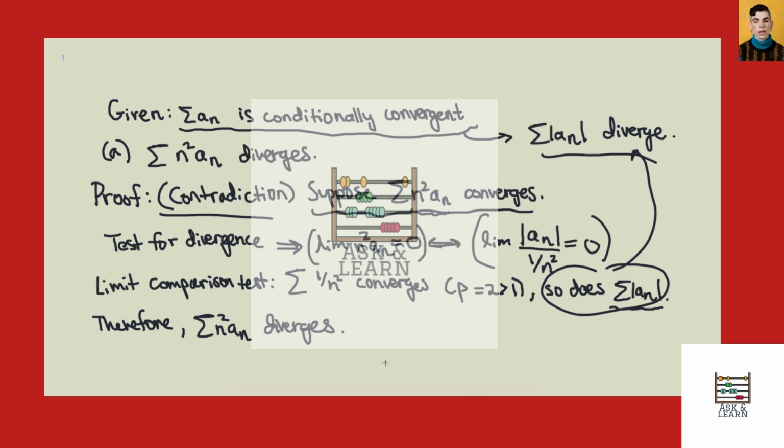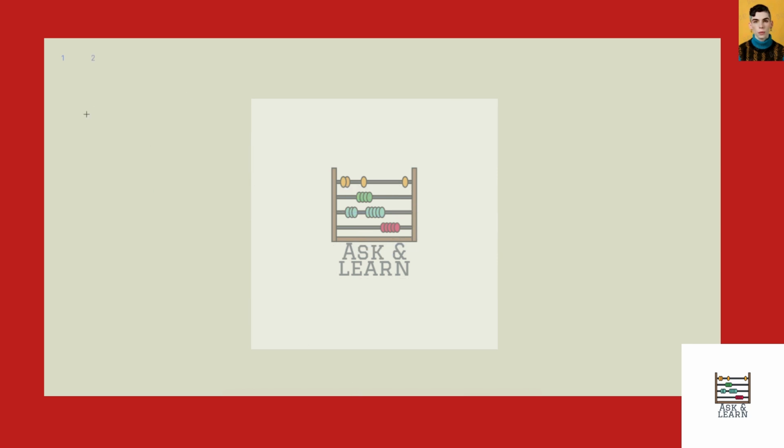Okay, now let's go to the next page for part B. Just remember still the given information, I'll put that here. The sum of AN was conditionally convergent. I'll just abbreviate that.